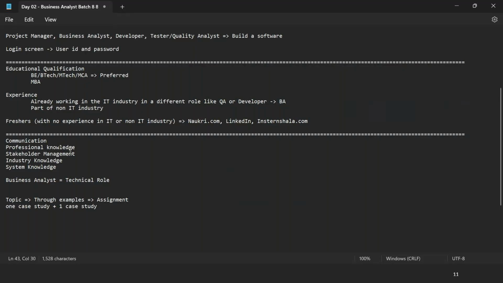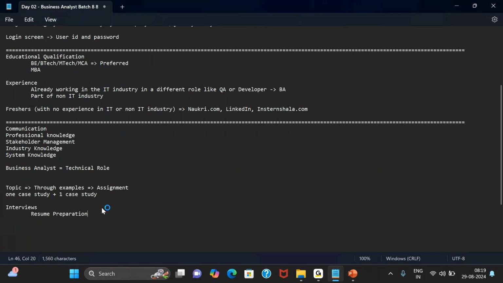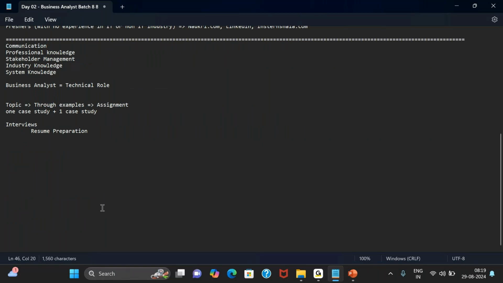The second part that we focus on is, so I'll put interviews into two parts. Okay, the first is resume preparation. So we guide you with respect to what points must be present in your resume, that will allow it to be highlighted and grab the attention of the recruiters.